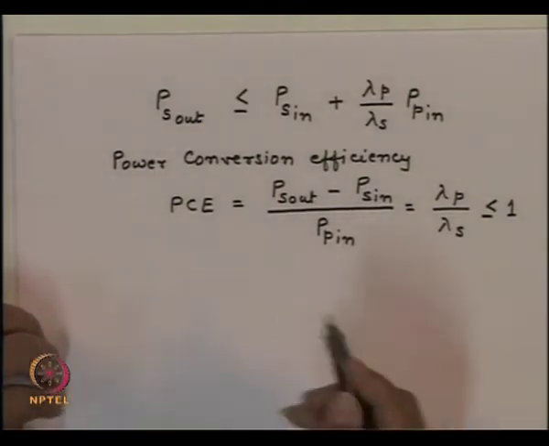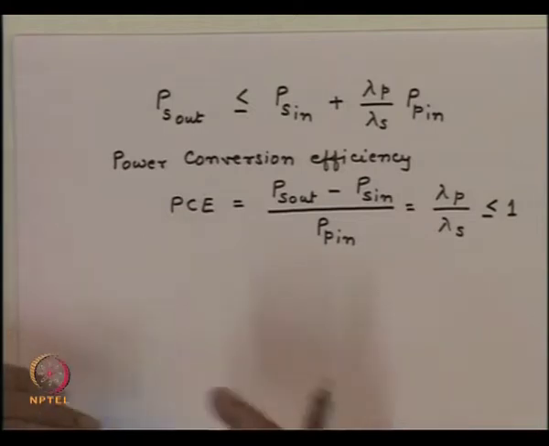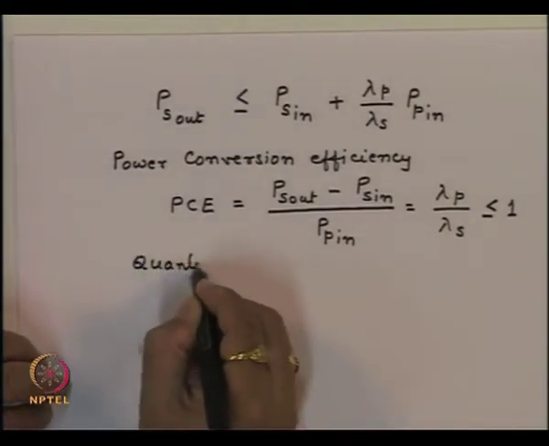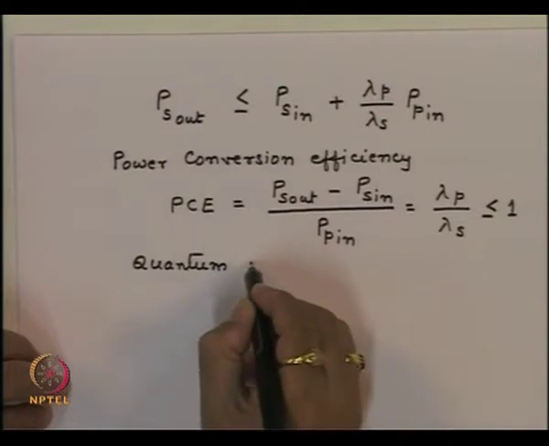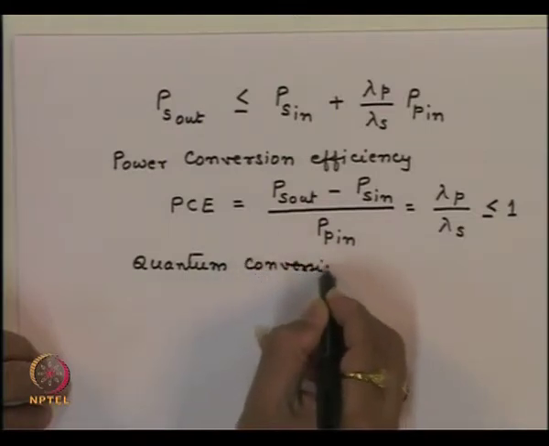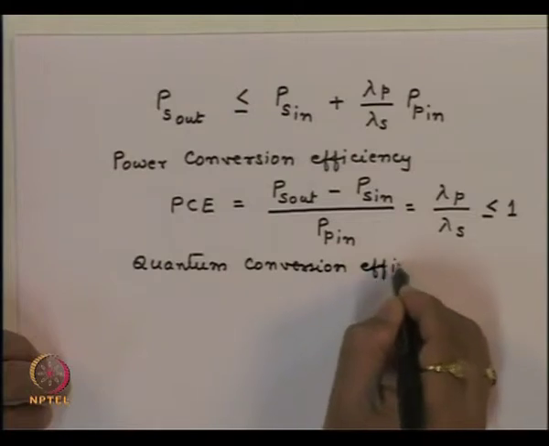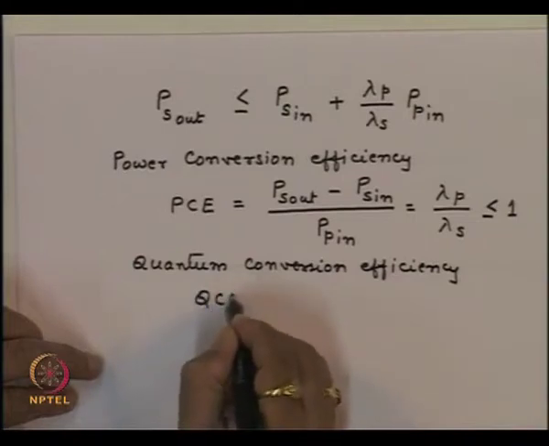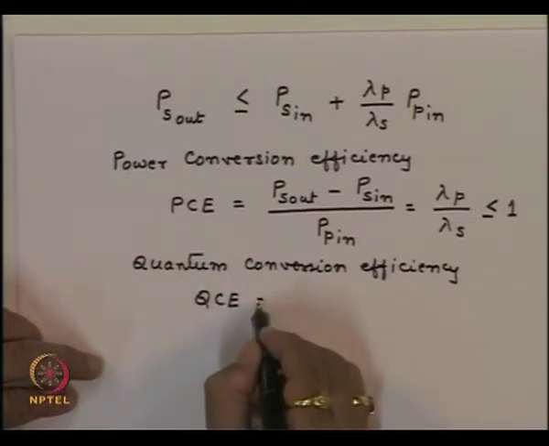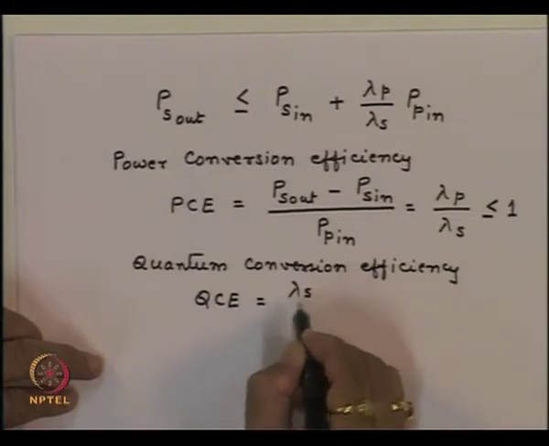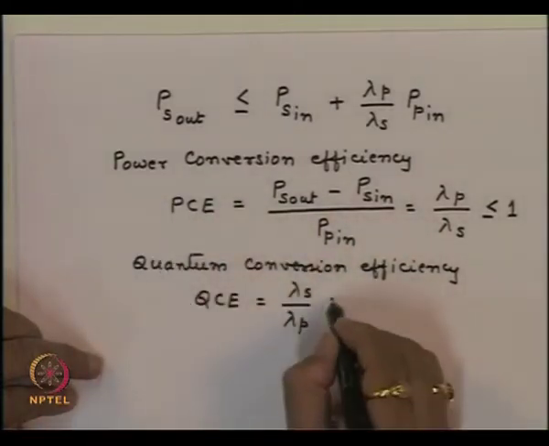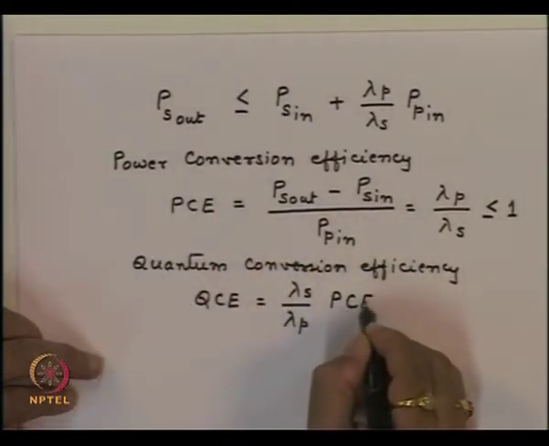So the more useful quantity, which was used earlier for a laser or for the detectors, we can define as the quantum efficiency or quantum conversion efficiency, QCE, that is equal to lambda_S upon lambda_P times the power conversion efficiency, which is PCE.